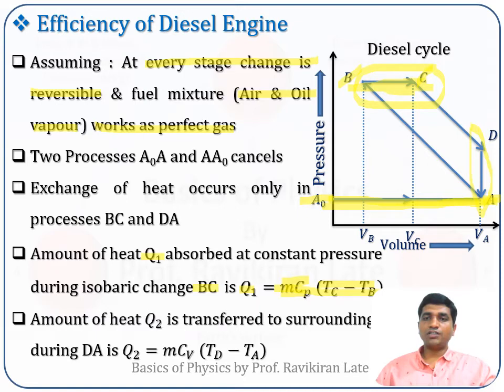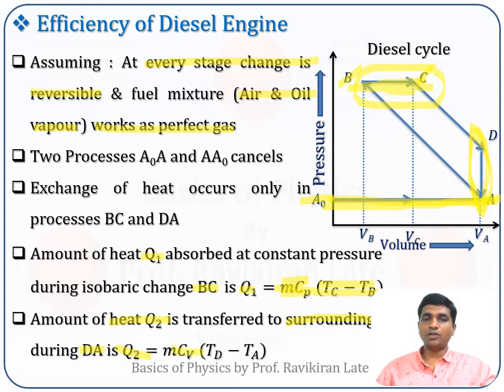Now for the change DA, let us say the amount of heat Q2 is transferred to the surroundings during this change. So along the change DA, the amount of heat transferred to the surroundings, Q2, is equal to m Cv.